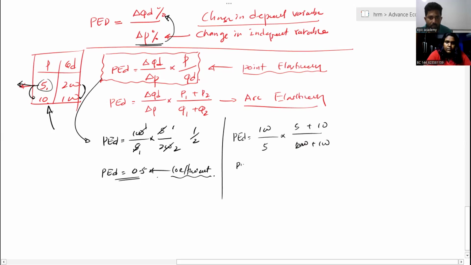So then PED equal 100 divided by 5 multiplied by 50 and 300. Okay. So then 5 just 1, just 3, just 1, just 3, 3 by 3 divided by 3, just PED equal to 1.